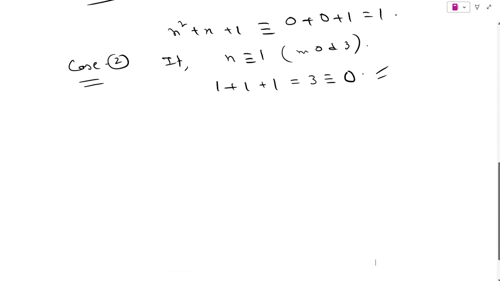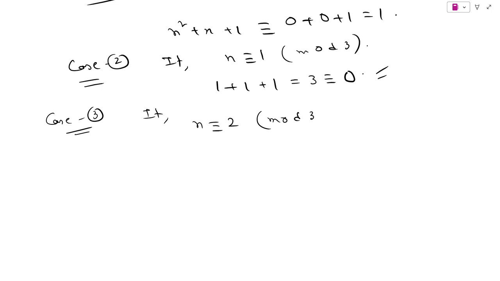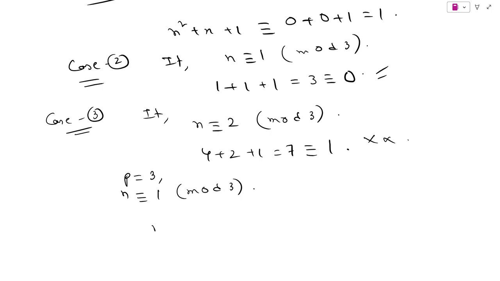Now case 3: N is congruent to 2 mod 3. Then N square plus N plus 1 is 7, which does not work. So hence when P equals 3, necessarily N is congruent to 1 mod 3, and therefore N cube is congruent to 1 mod 3. So even for the exceptional prime, the remainder is still 1, right?